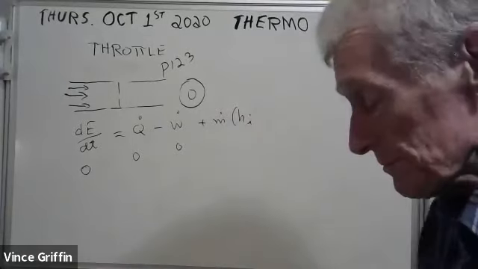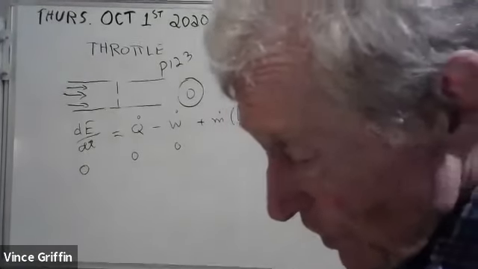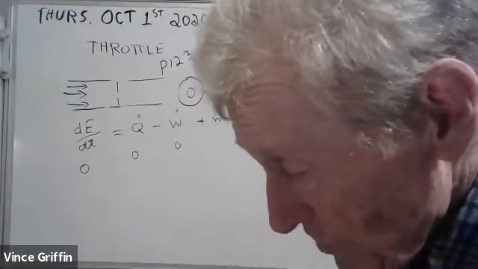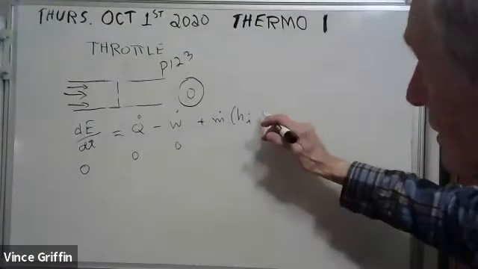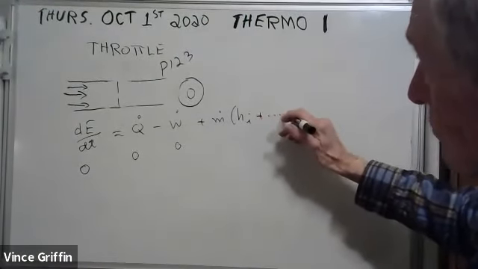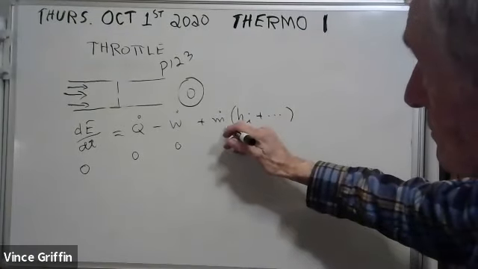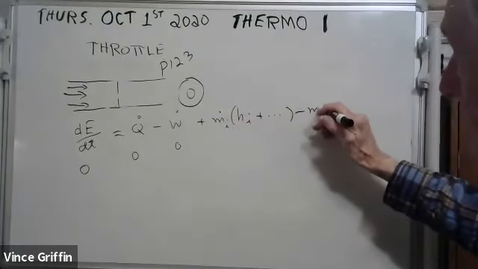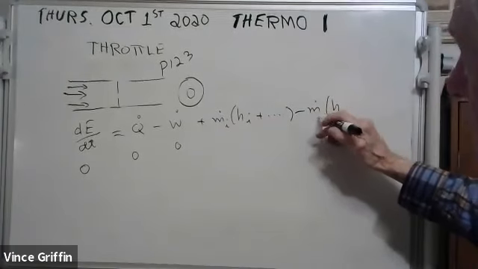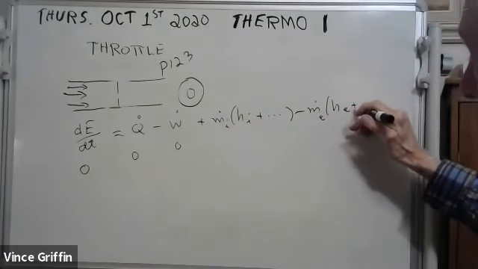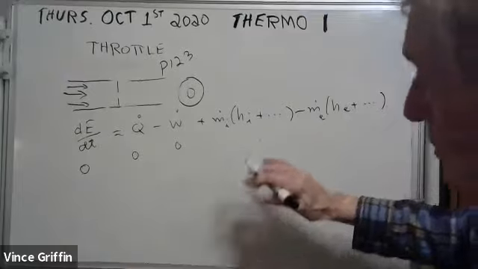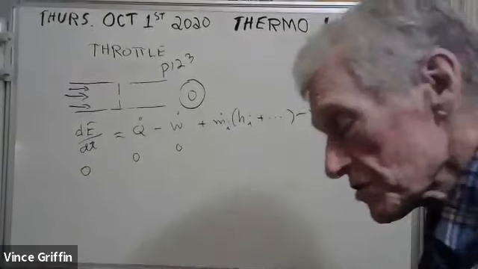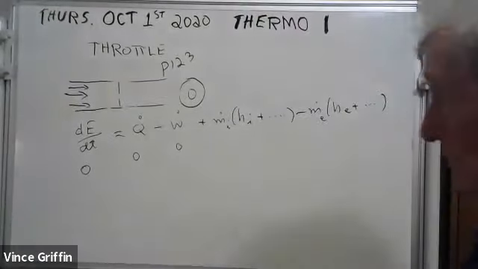It turns out that the velocities don't change like they do in a nozzle. And so you don't really need those terms, because none of them change. This is the simplest kind of device.